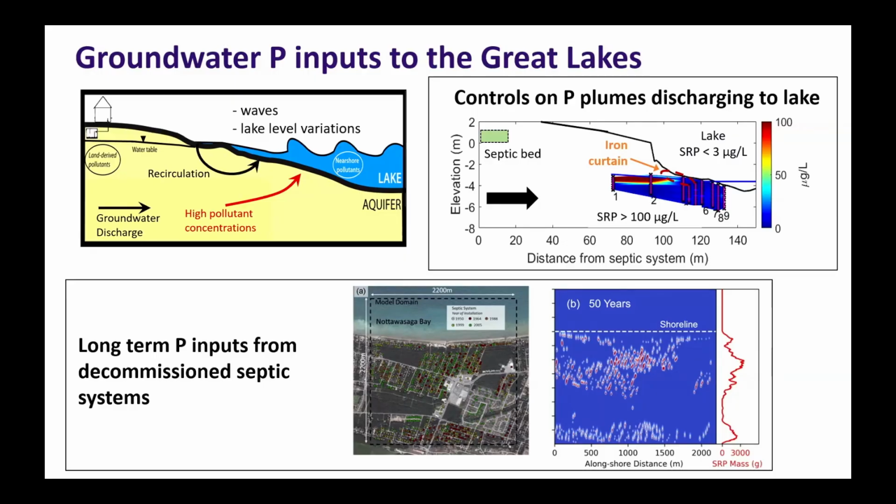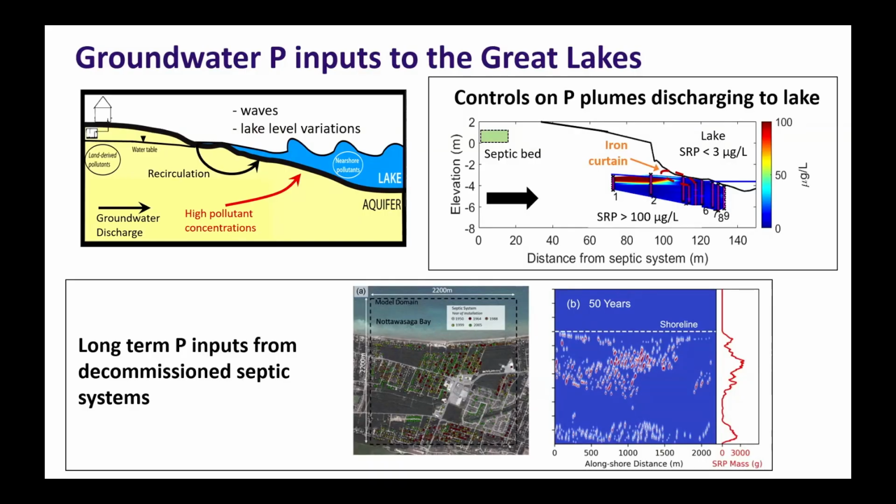But what's really complicated when we're looking at groundwater surface water exchange is that we get a reaction zone that occurs right at that groundwater surface water interface that can trap the phosphorus and prevent its release into the surface water, but only temporarily. So are there certain periods of time where that phosphorus could then be released into the lake?